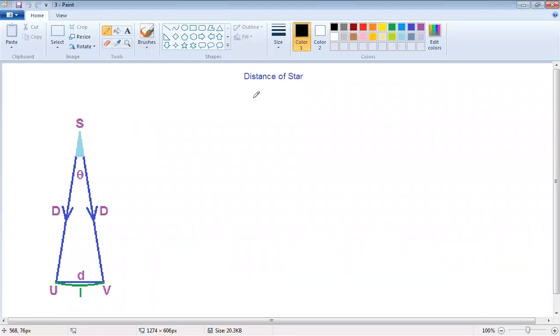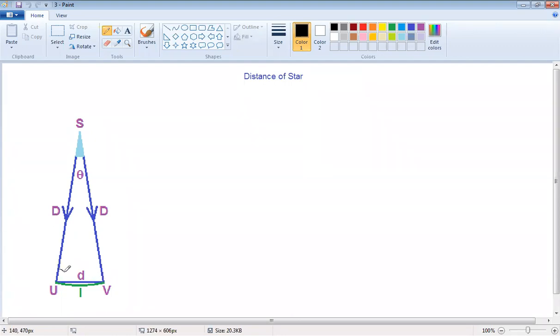We are going to find a method to find the distance of a star. S is a star and U and V are two stations of observation. At these stations U and V on Earth, which are separated by a distance d, we measure the angle of the star with the horizontal direction.